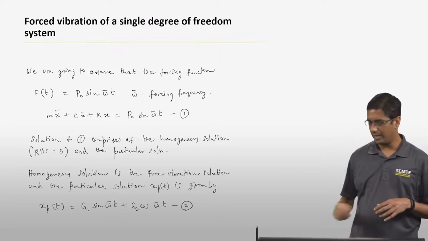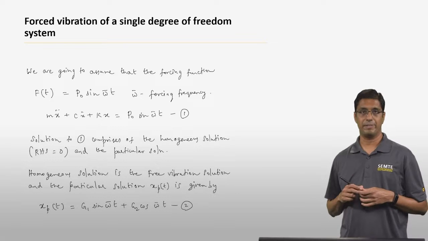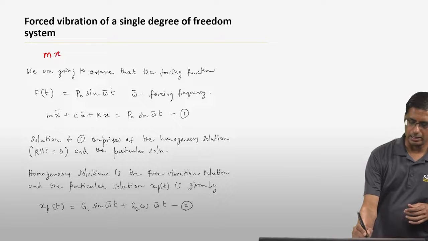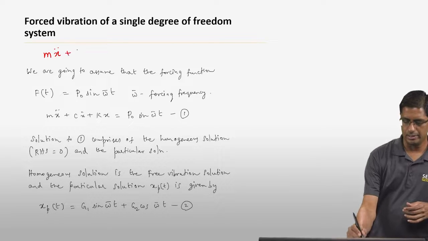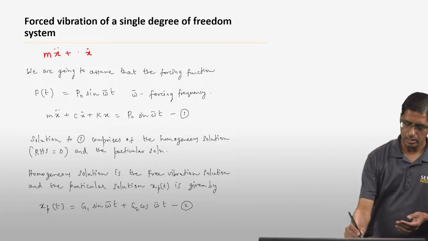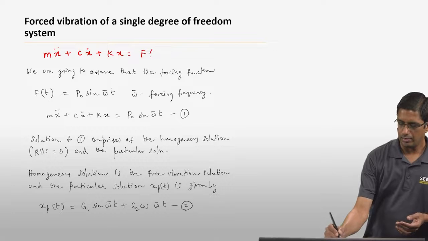So now let's start looking at the forced vibration of a single degree of freedom system. If you recall, the governing equation for a system like this is m x double dot plus c x dot plus k x equal to f of t.